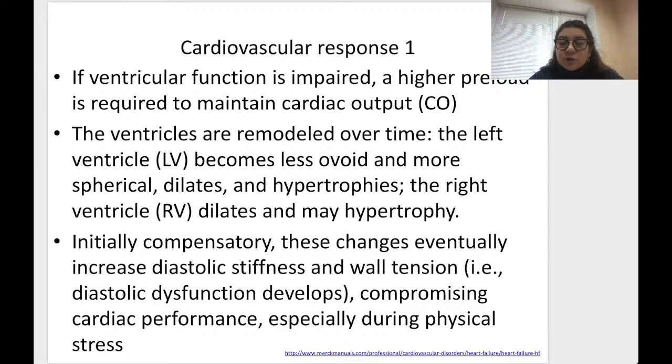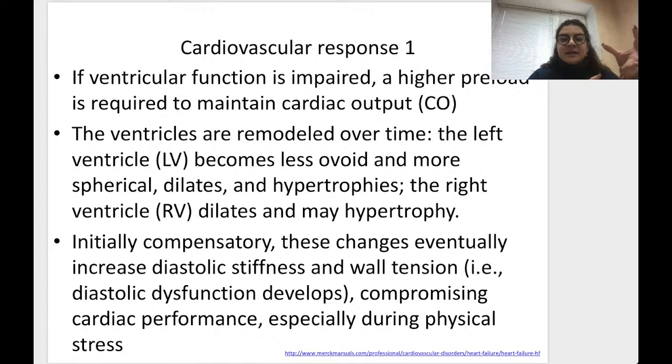Okay, what about the cardiovascular response? If ventricular function is impaired, higher preload is required to maintain cardiac output. And how is this higher preload achieved? The ventricles are remodeled over time. The left ventricle becomes less ovoid and more spherical.